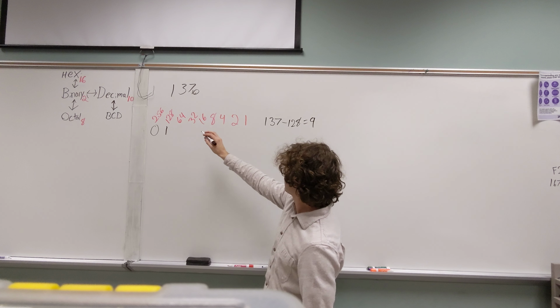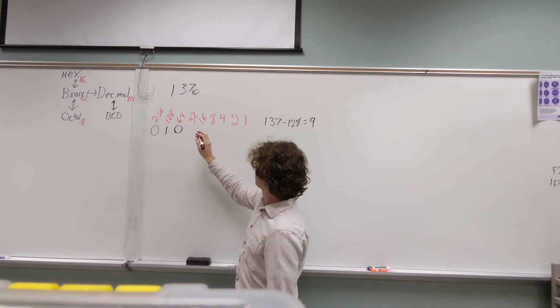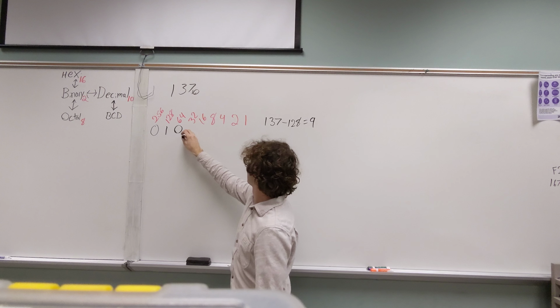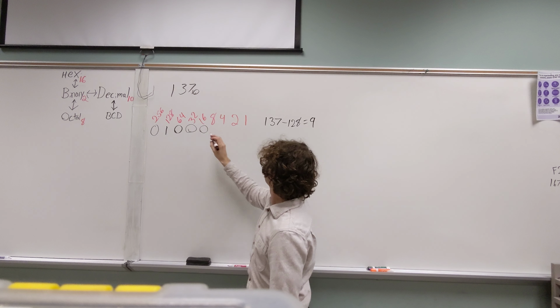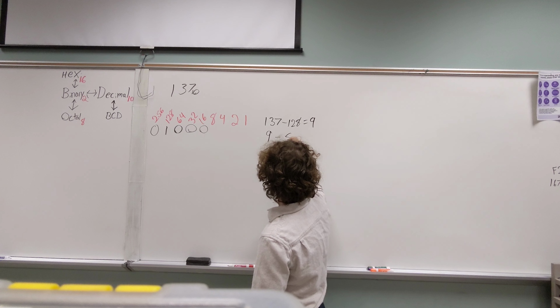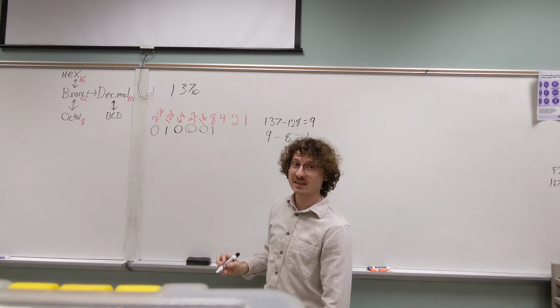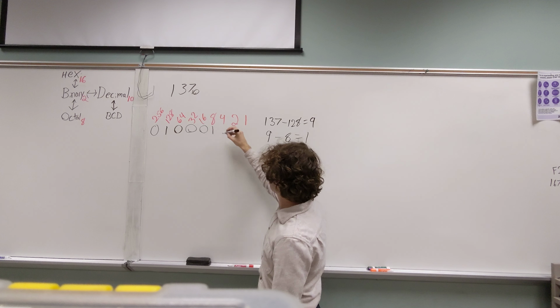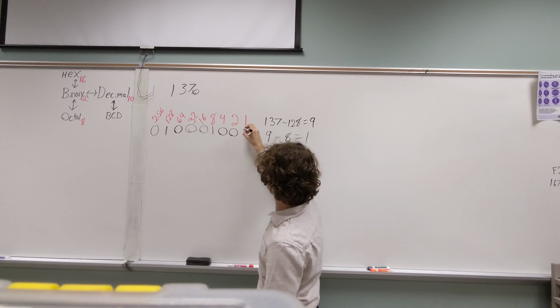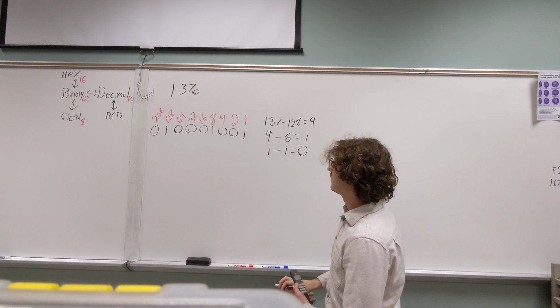Now, I cannot subtract 64 from 9, so I can put a 0 there. I can't subtract 32 from 9, I'm putting a 0 there. 16 from 9, same deal. 9 minus 8 is going to be 1. I'm putting a 1 in that place since I did that subtraction. I only have 1 left, so the only thing left here is a 1. So 1 minus 1 equals 0.